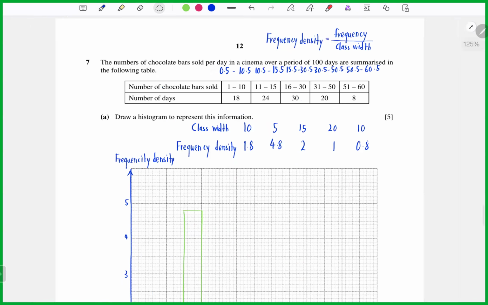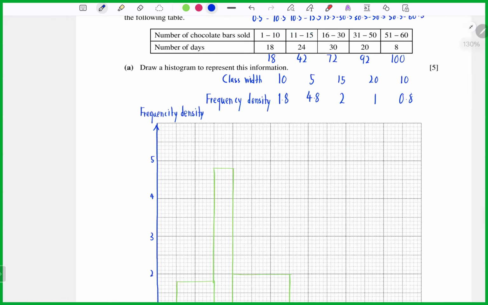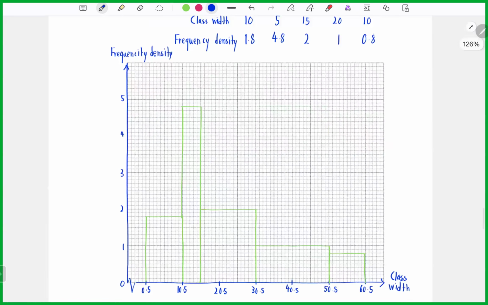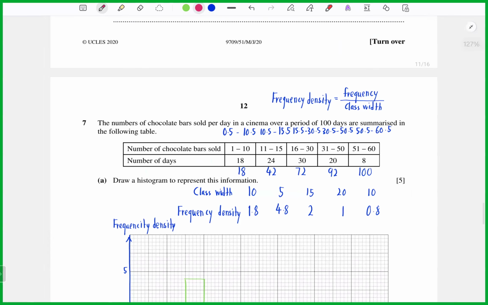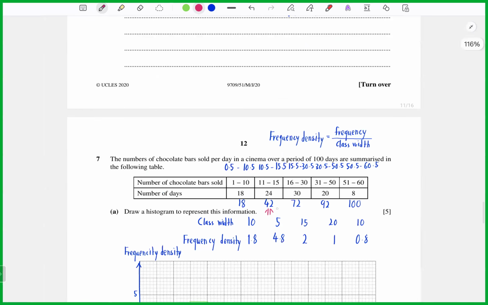So you can try using cumulative frequencies here. 18 plus 24, 42. 42 plus 13, 72. 72, 92, 100. And then you try to see 25. 25 is here, that is Q1.